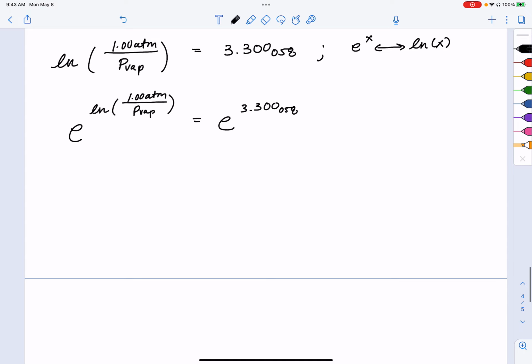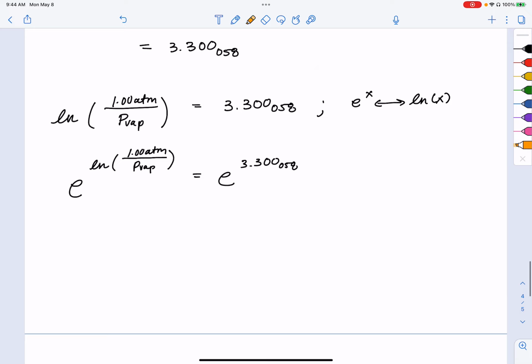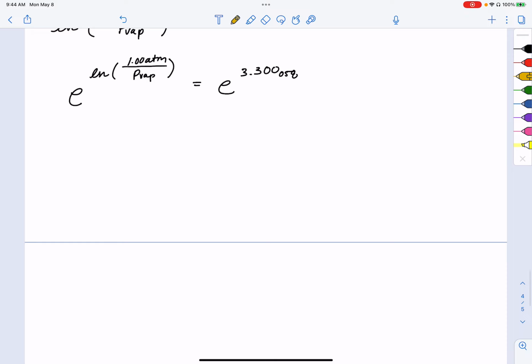This is Euler's number. You should have a lowercase e button on your calculator. And the whole point of applying this inverse relationship between these two functions is so that the e and the natural log cancel one another out, leaving behind 1.00 atmospheres over p vap.